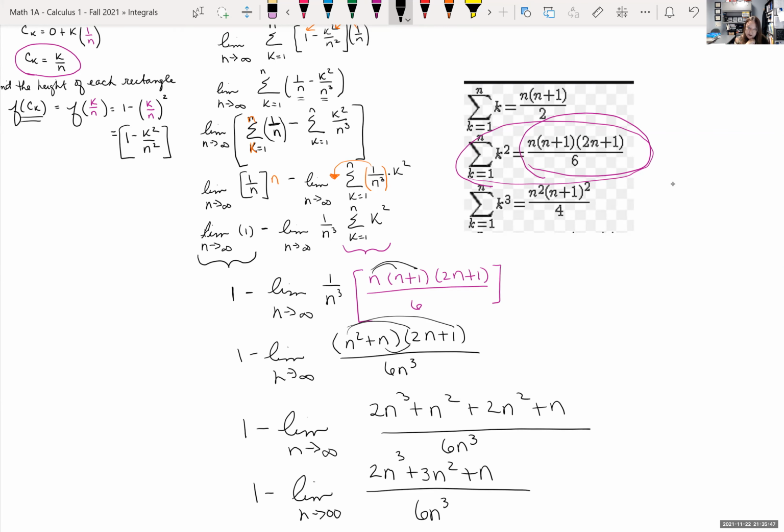I could use L'Hopital's rule, but I see I'd need to take the derivative 3 times before that would even fall out. Or we can use the rule of infinity over infinity. We could multiply both the numerator and denominator by 1 over n to the highest power of the denominator, which is cubed.